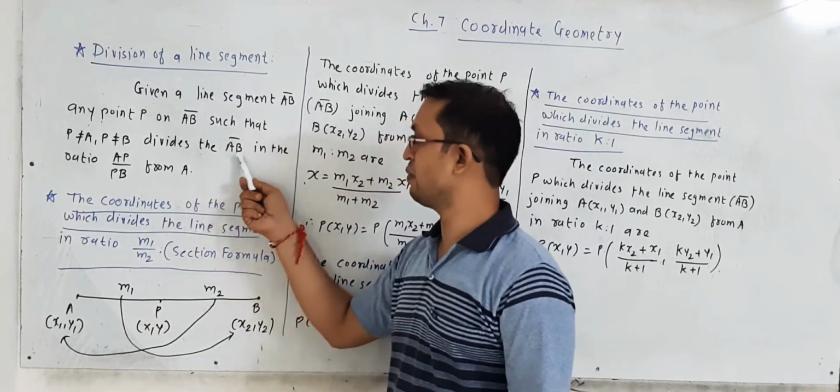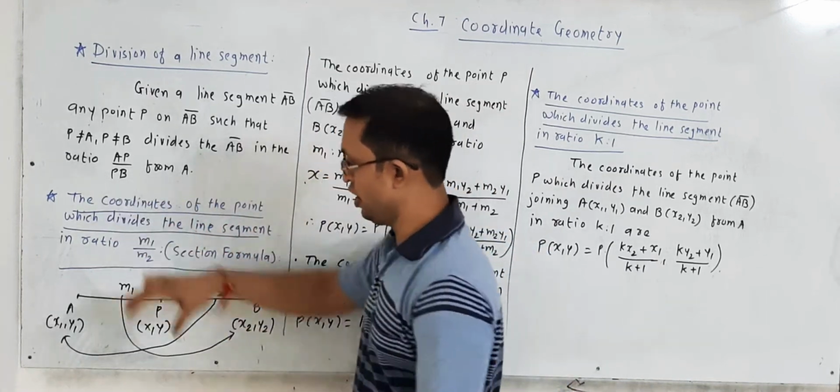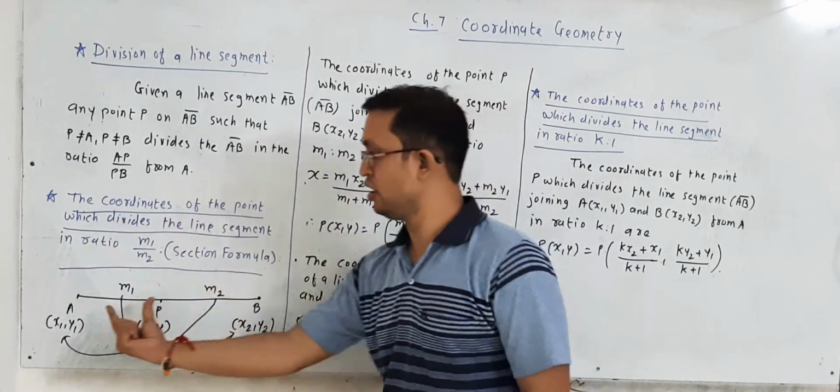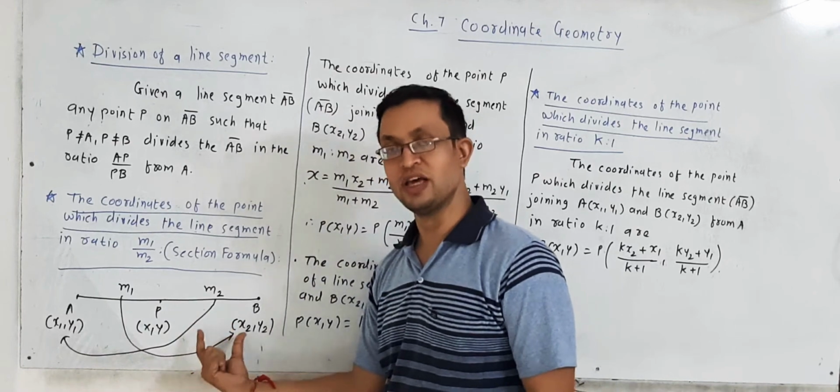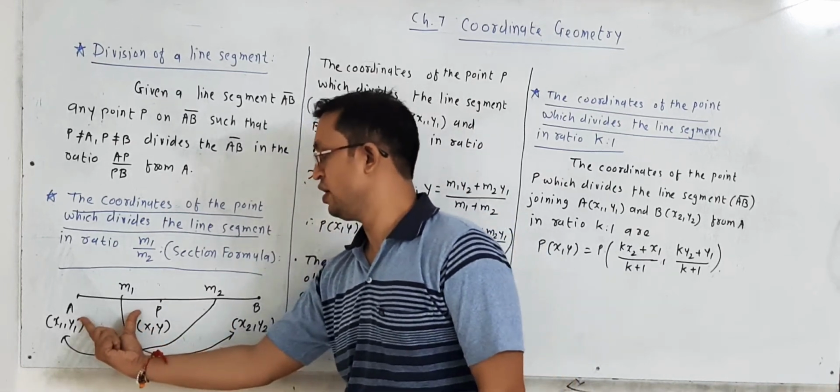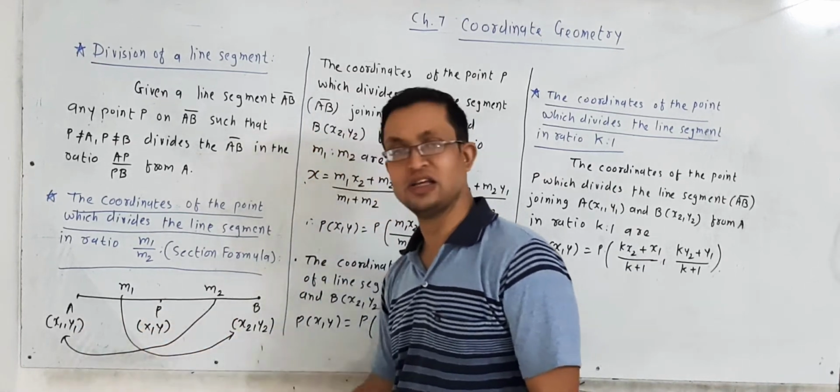P divides the line segment AB in the ratio AP to PB. The first part is AP, the other part is PB.